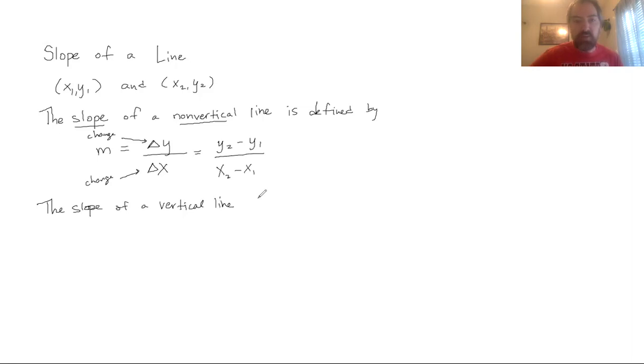And if you were to try to use this formula, you would get 0 in the denominator, and we know that cannot happen. We can never divide by 0. So for the vertical line, we're saying that the slope is undefined. It doesn't have a number, it's just undefined, since there is no change in x, and division by 0 is not possible.